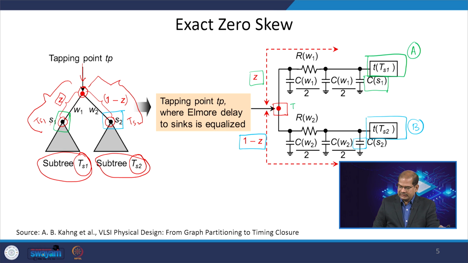So, if you can see here, the total capacitance at this node will be the sum of these two, okay, sum of these two, that will be multiplied with R of W1, to find the delay till this point.